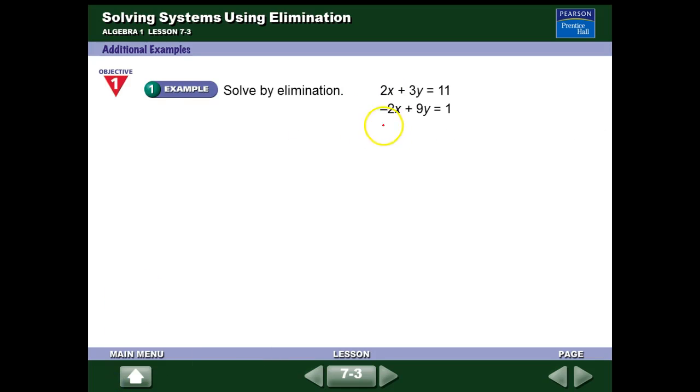The first thing I want you to look at here is, what can I add or subtract? Can I add or subtract my x's, or can I add or subtract my y's to get them to cancel? The first step is to eliminate the x, because a 2, and if we add plus -2, it's going to cancel.